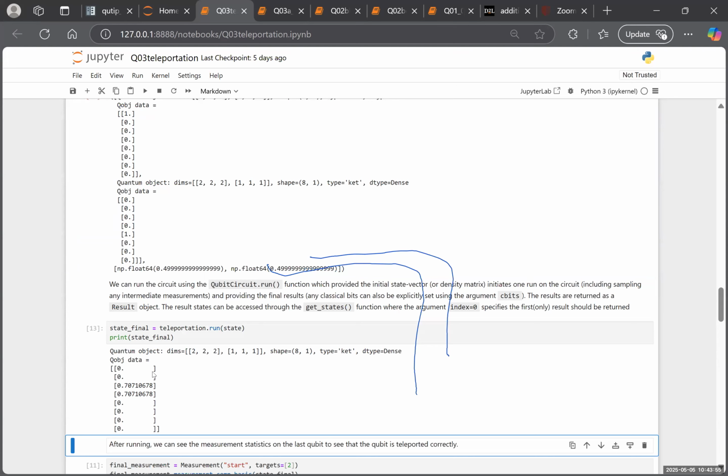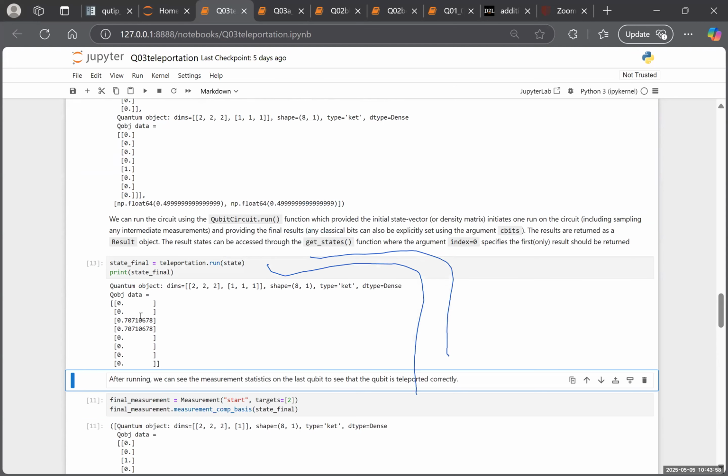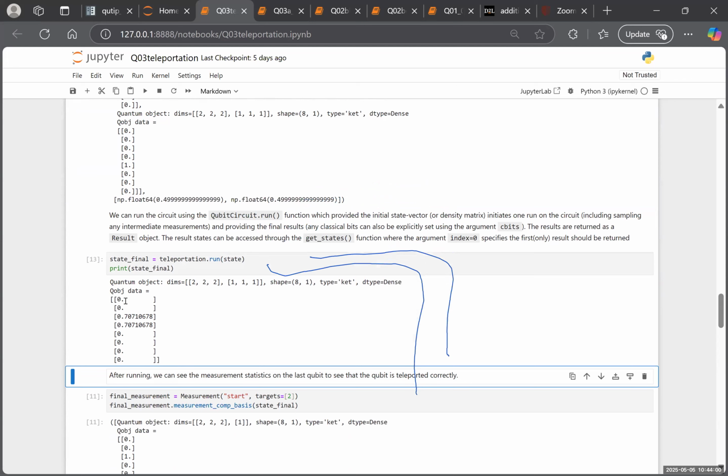This is the final state. This is the state vector with 8 entries, with 3 qubits, right? So the labels are, yeah, 0, 0, 0. I think probably in this order. 0, 1, 0.